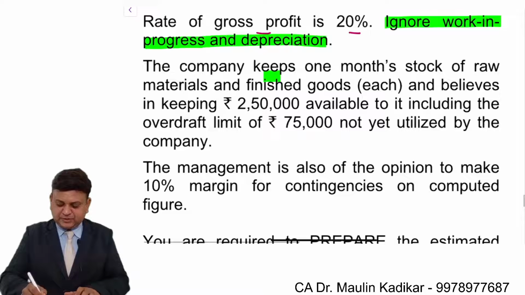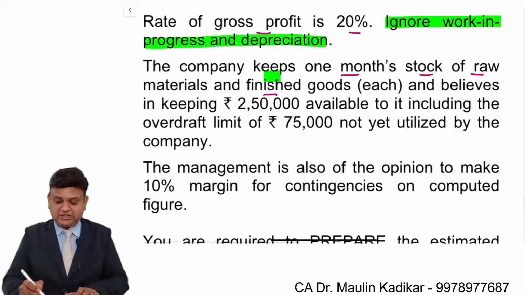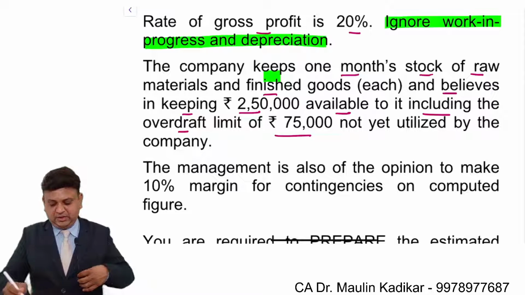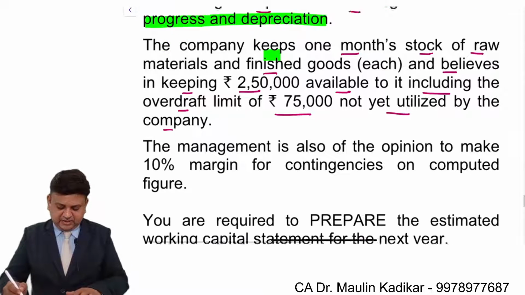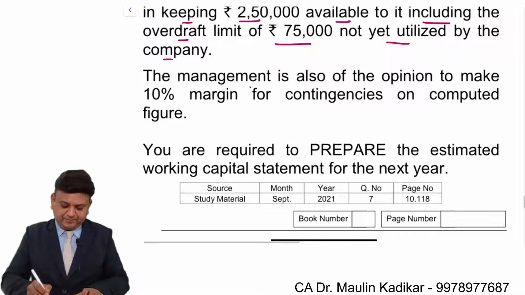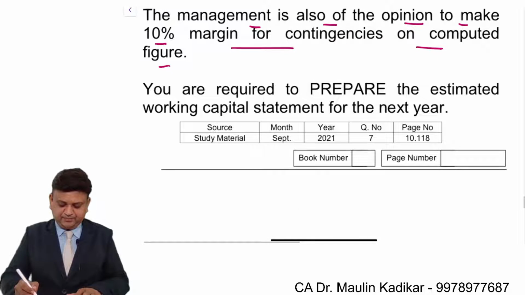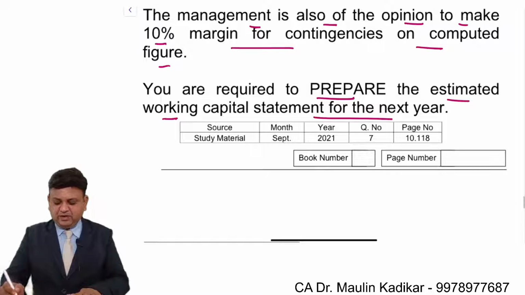The company keeps 1 month stock of the raw material and finished goods each and believes in keeping 2,50,000 available to it, including the overdraft limit of rupees 75,000 not yet utilized by the company. Management is also of the opinion to make 10% margin for contingencies on the computed figure. You are required to prepare the estimated working capital statement for the next year.